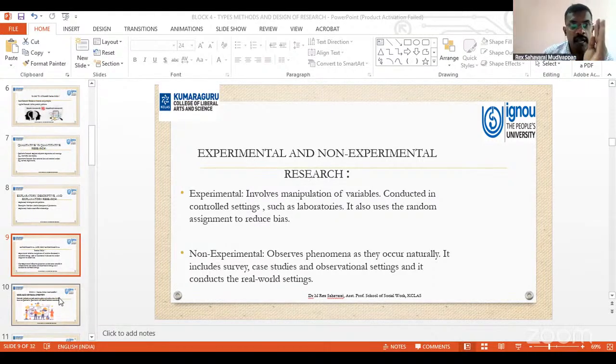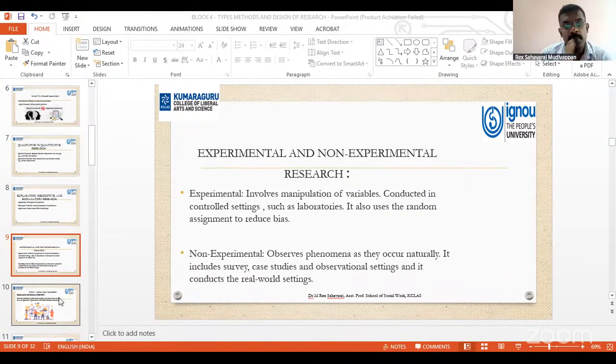You divide the population into two: one is the experimental group, another is the non-experimental group. To the experimental group, you give the training program continuously. After 30 days, you see the impact of it, and test the non-experimental group to see whether it has any impact.